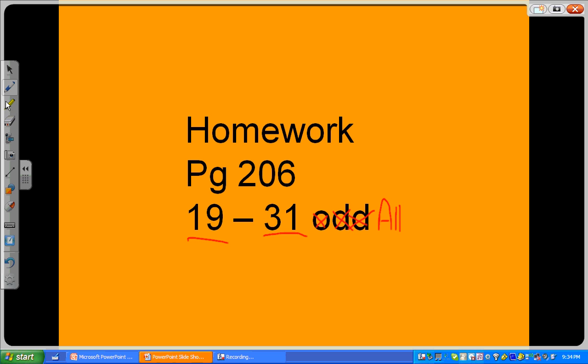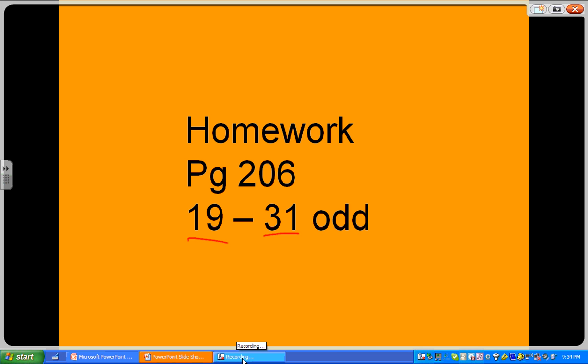So they can work quietly with people, and they can stay odd. If you think the assignment is going to get out of hand and they're not going to work it hard, just make it evens. I want everybody to stay quiet. I want everybody to work. I'm giving you time. This is a lengthy assignment, so good luck with it.